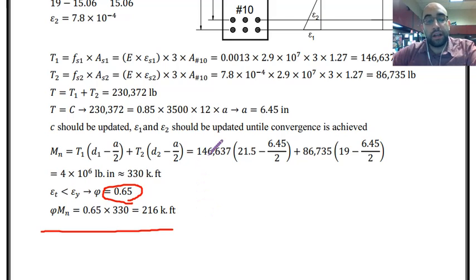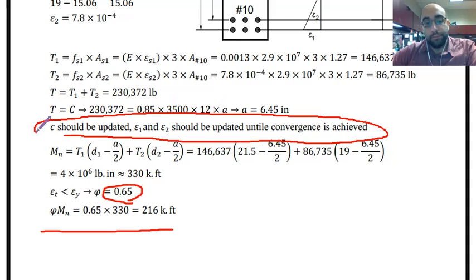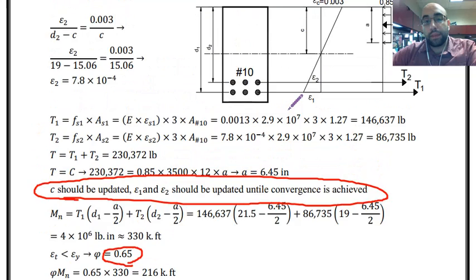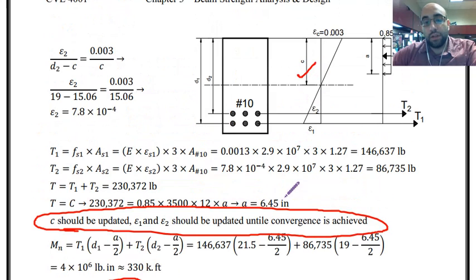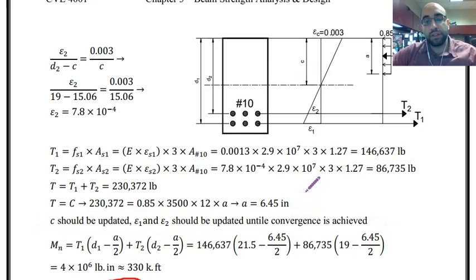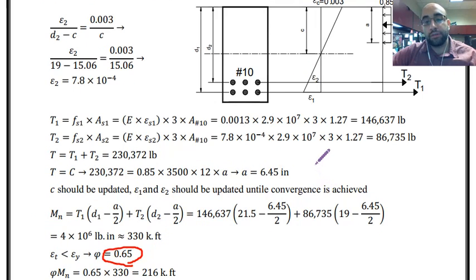As I described earlier, we stopped the solution at this stage. I didn't update the C value based on the new a. If I wanted to continue this, I would say c will be equal to a divided by beta 1.